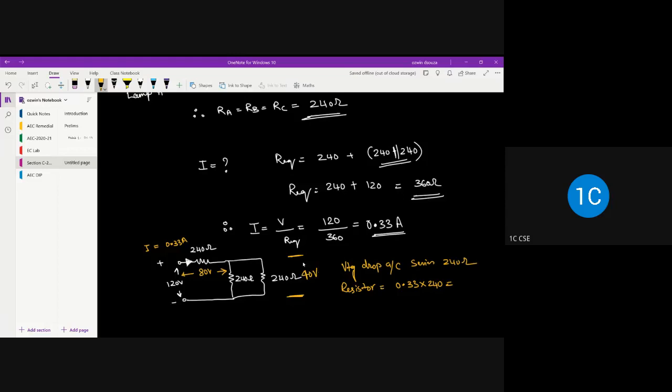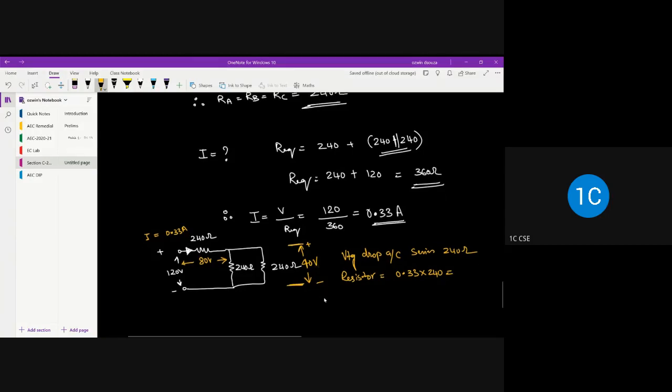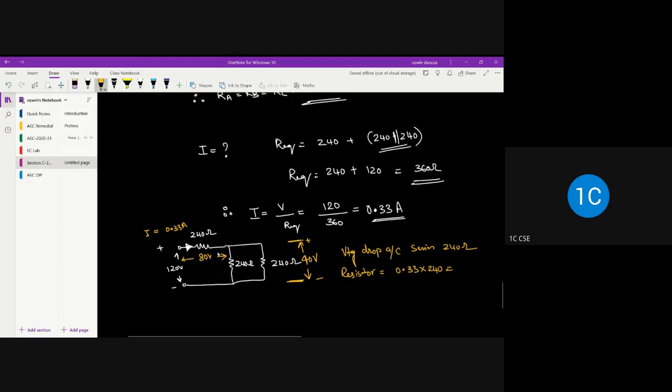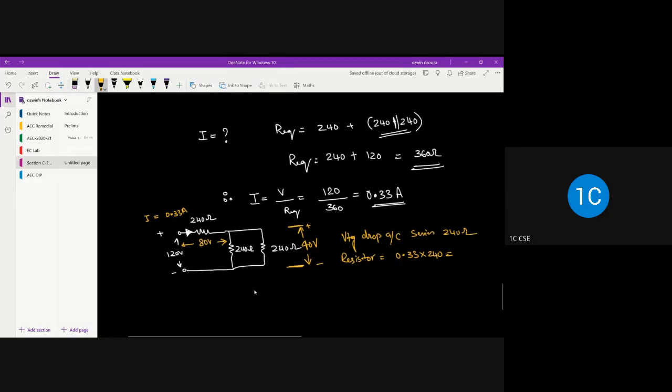This is what I was talking about: with the series-parallel voltage division rule, you can apply it and get the same result. The supply voltage is 120, out of which 80 is across the 240 ohm resistor. The remaining voltage, 120 minus 80, which is 40, will come across the parallel branch. Now you know the voltage across the respective resistances.